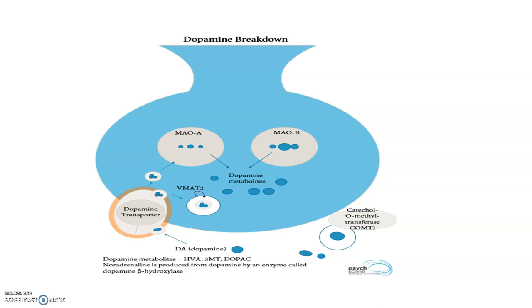Dopamine can also be converted to 3-methoxytyramine in the presence of catechol O-methyl transferase and is then oxidized to homovanillic acid by monoamine oxidase and alcohol dehydrogenase. This homovanillic acid is the most stable dopamine metabolite which is excreted in the urine.